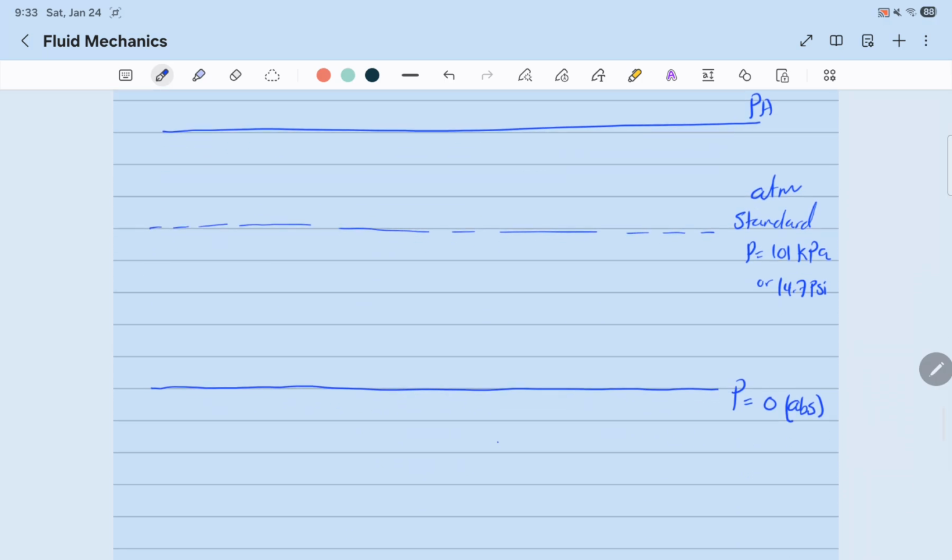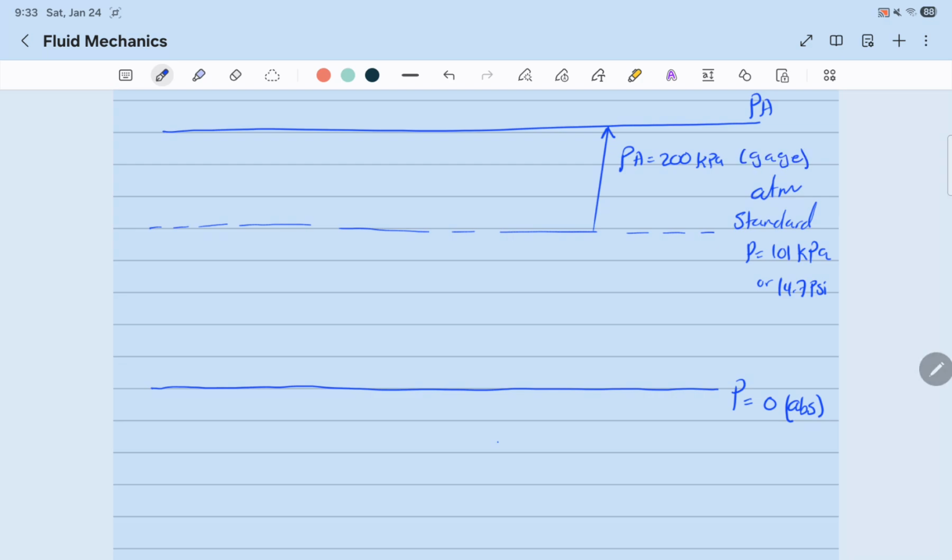Okay, they told us that PA is 200 kPa gauge. If the gauge is not specified or absolute's not specified, by default it's gauge, but I'm going to write it anyway.